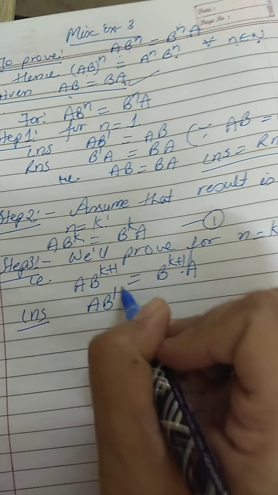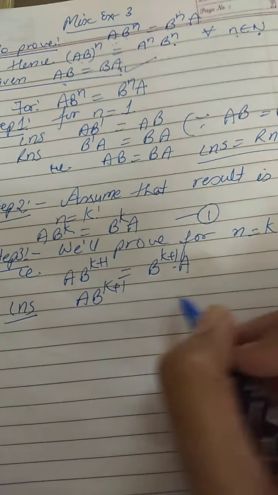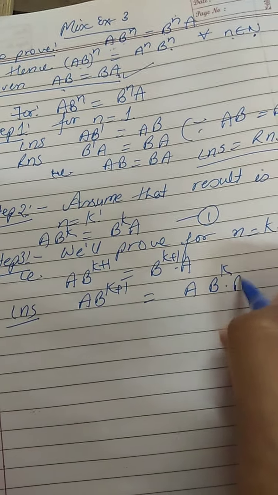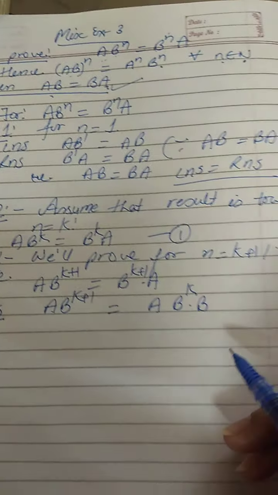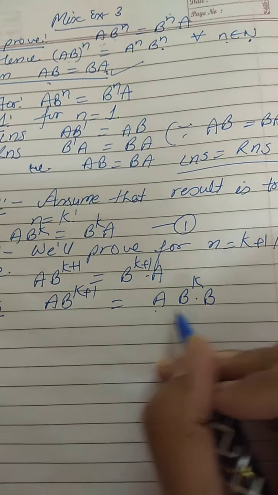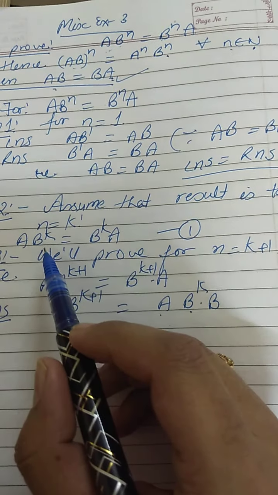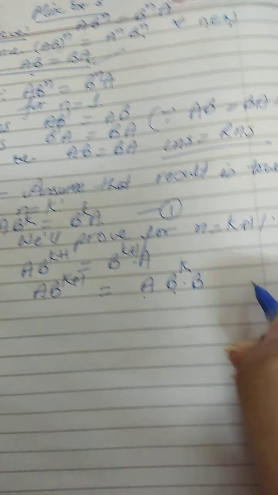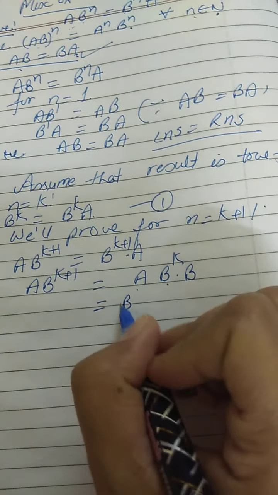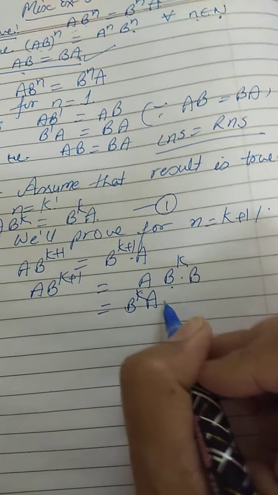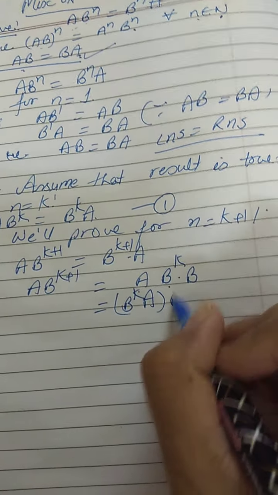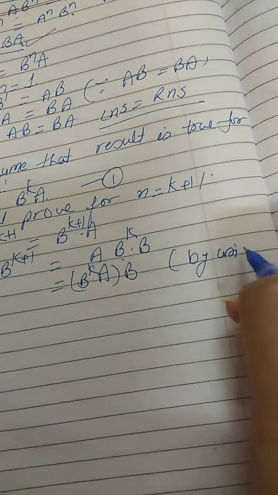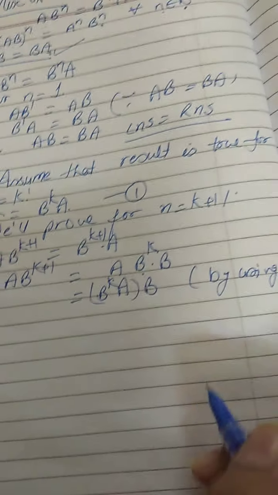It is (AB)^(k+1). By the law of exponents, we can write it as (AB)^k times AB. In equation 1, if you notice, (AB)^k is equal to B^k A. So it will come like this, B^k A, and this AB will remain as such. Here we write it down by using 1.